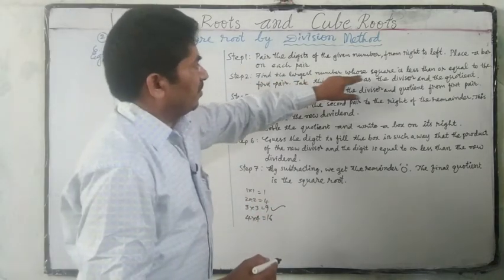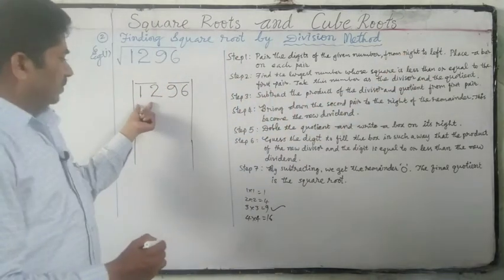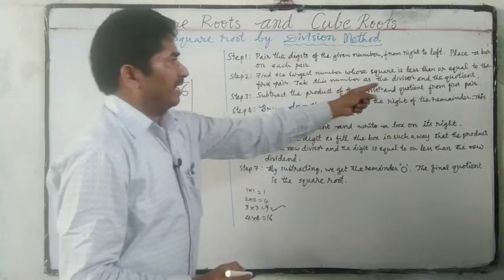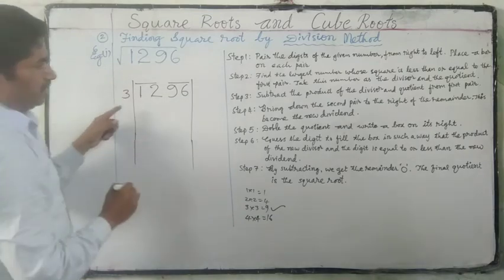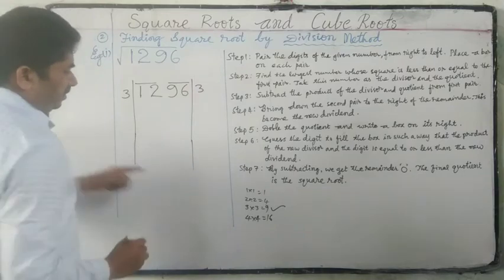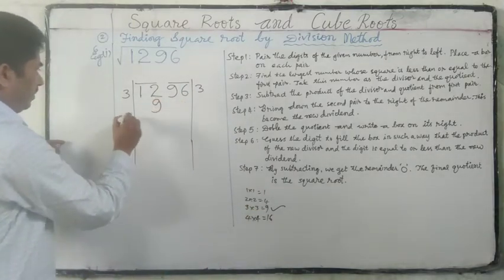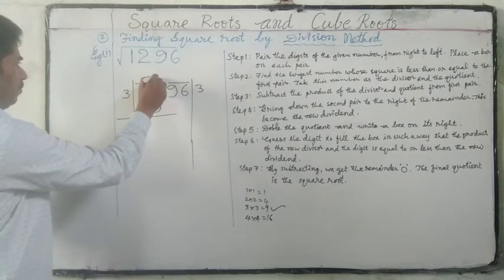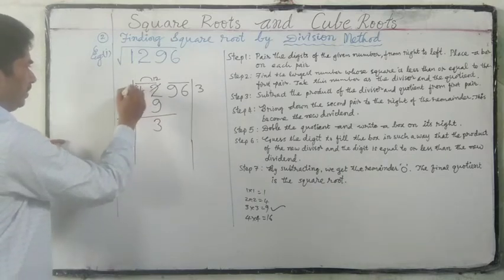This 9 is less than 12. Take this number as the divisor and the quotient. So 3 as divisor and quotient. 3 threes are 9. 12 minus 9 is 3.